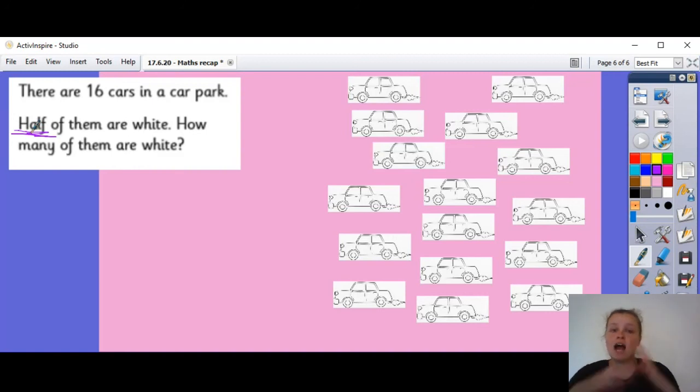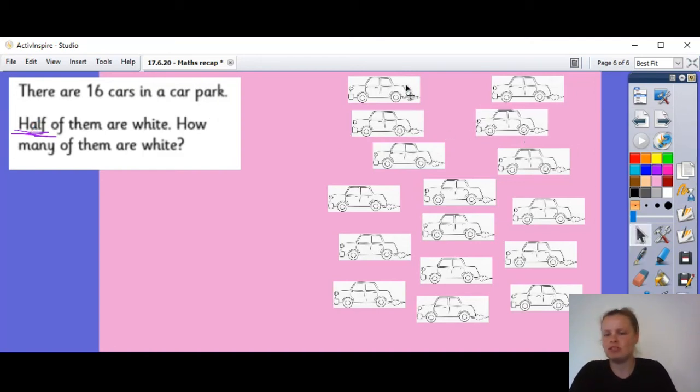Okay, so half means you've got to split the number in 2 so that we've got 2 equal numbers. So the same on this side and the same amount on this side, okay, into 2 groups, okay? So how many, I'm going to move the cars around now. Let's move them actually, let's do it together.